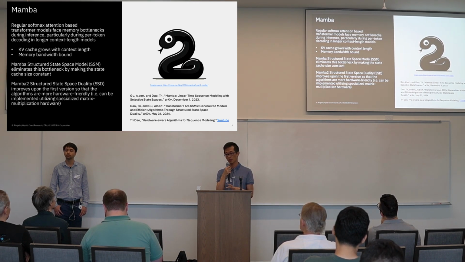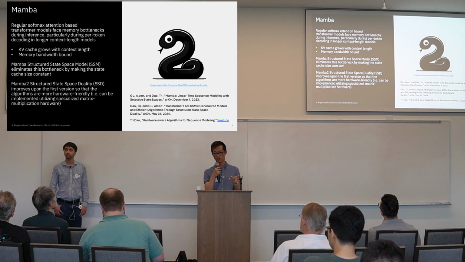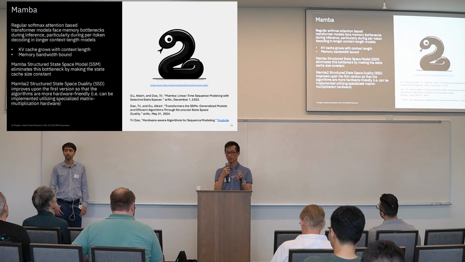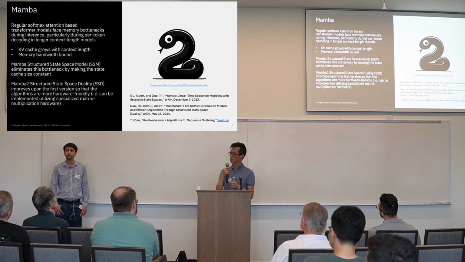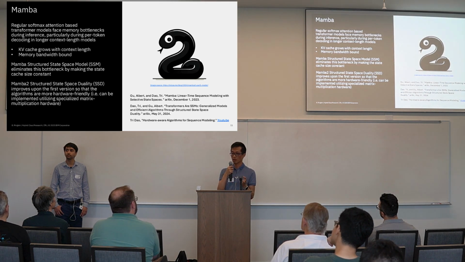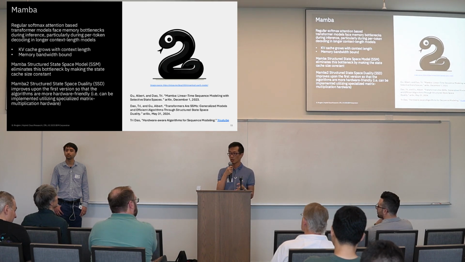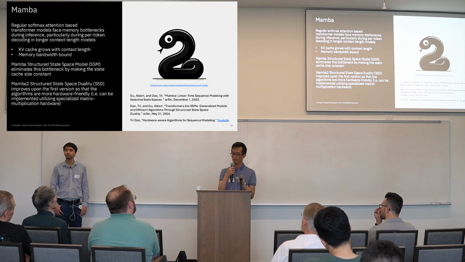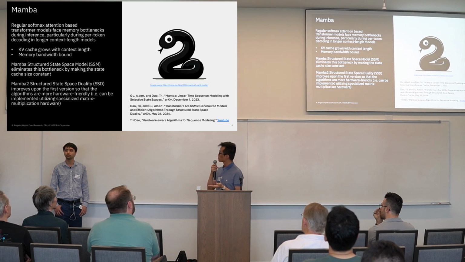That's in comparison to the KV cache in transformers, which grows as you generate more tokens. In Mamba, the state cache will remain the same size. So in that way, it removes the memory bottleneck, because compared to transformers, you can have a moderate size cache that doesn't grow when you generate more tokens.